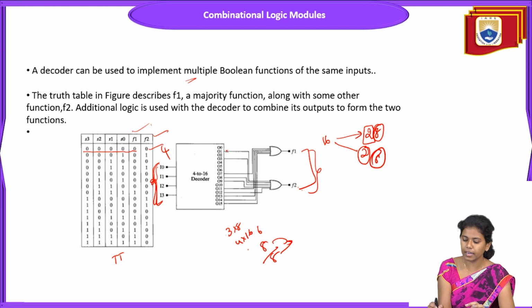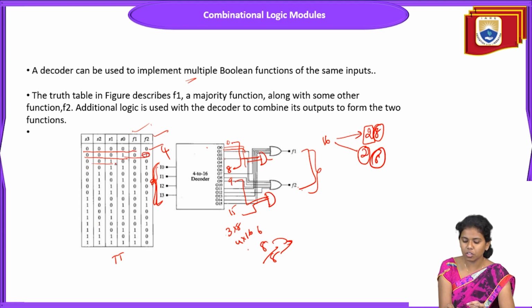So here I can connect 0, 0, 0, and I can connect 0, 0 to 15, right? So 0 to 8 and 9 to 15 are connected to one AND gate, and 0 to 8 is connected to the other AND gate. If my combination is 0, 0, 0, 1, then my output is connected to F2.